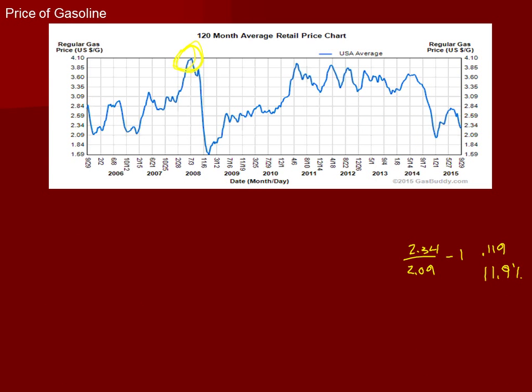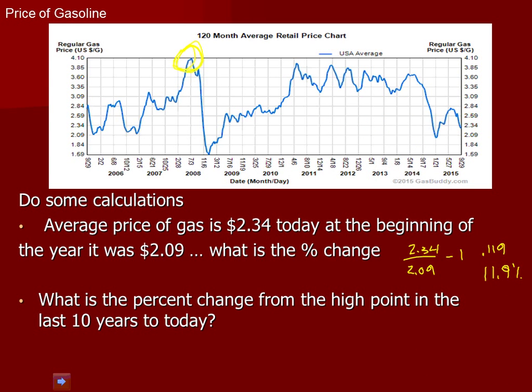So which number goes in the numerator? Which number goes up top? Is it going to be the 4.10 or the 2.34? Which one goes on the top? The 2.34, your present value.